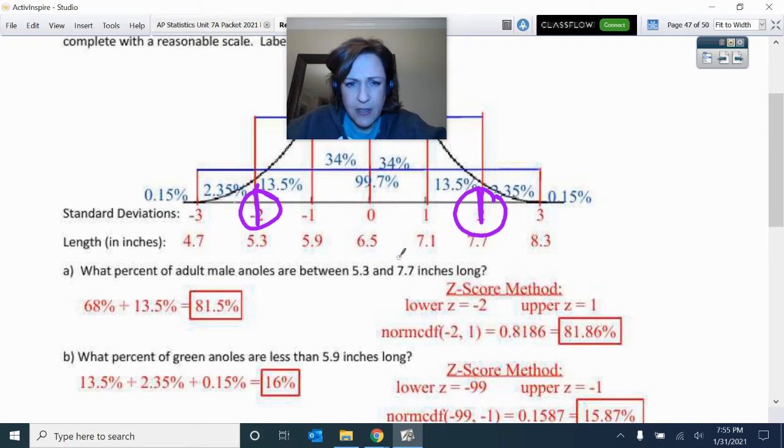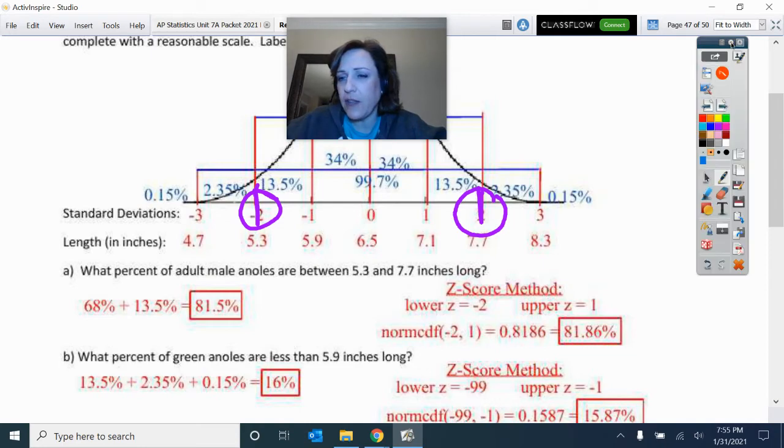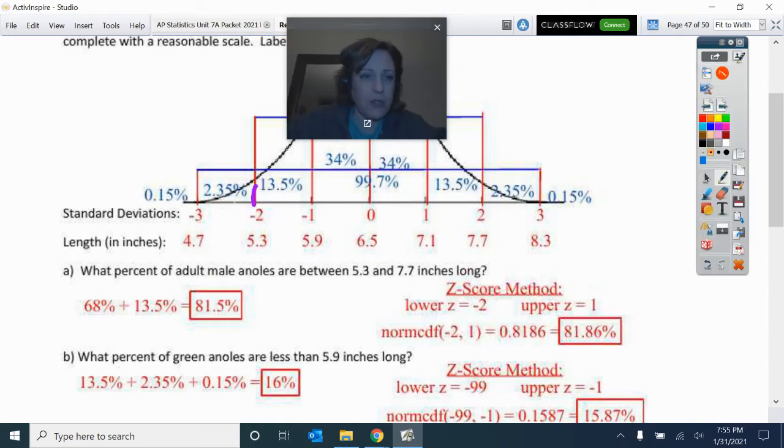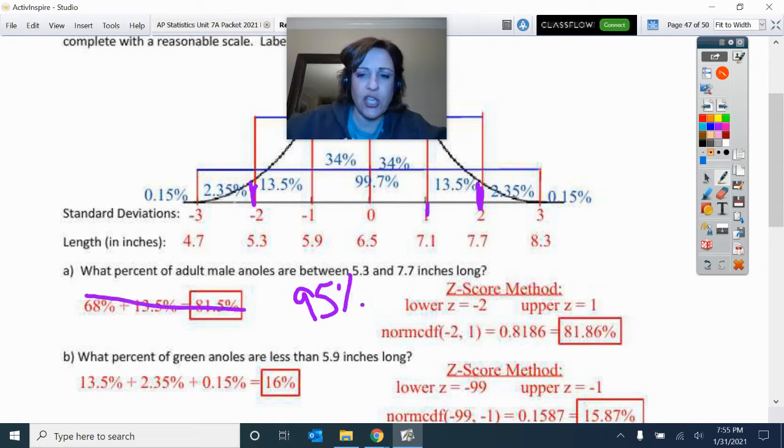Oh, I can see I had done that answer wrong on the answer key. If it's from -2 standard deviations to +2 standard deviations, that's going to be somewhere around 95%. I think I was thinking it went to 7.1. So those should come out closer to 95%.